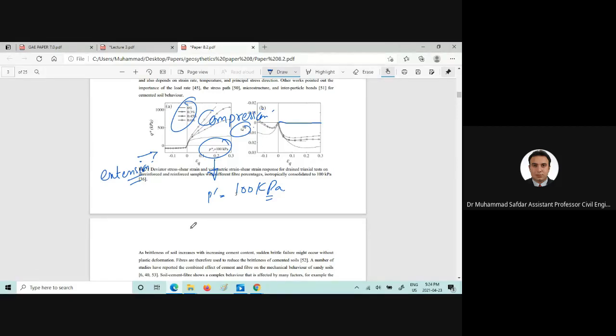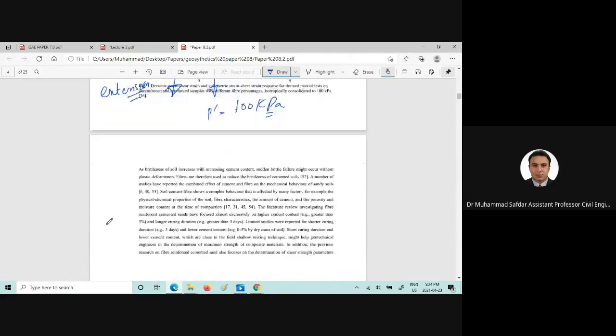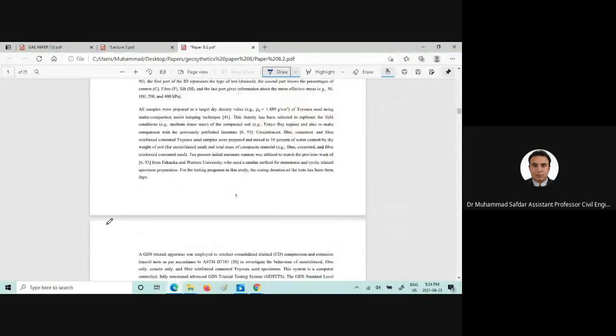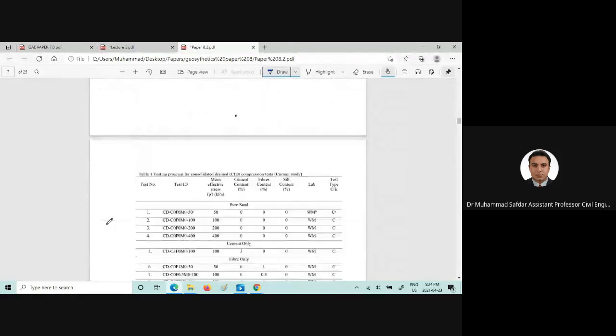So they perform compression and extension tests, and you can clearly see the behavior in extension is almost the same for various fibers and cement contents. Mixing of fibers, how we can do that, is also possible.